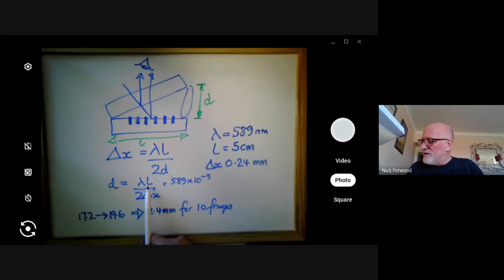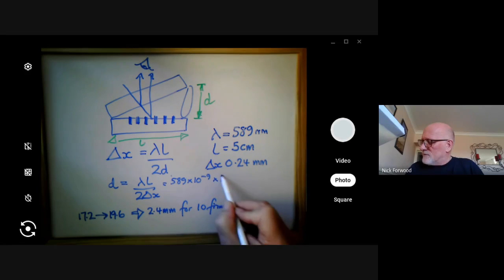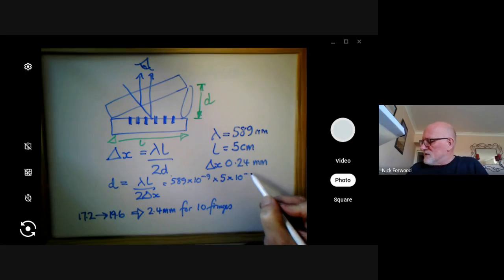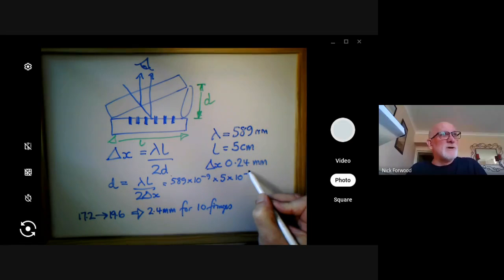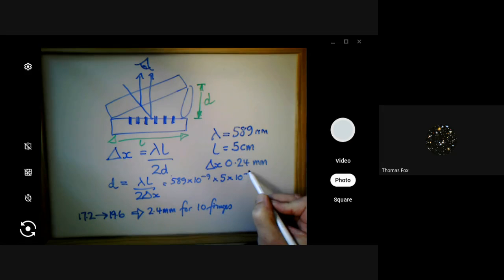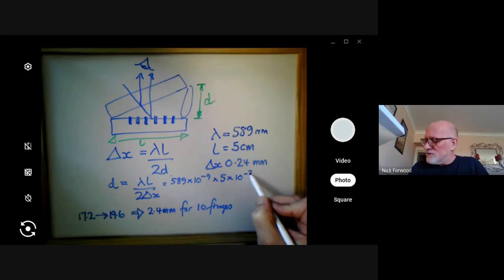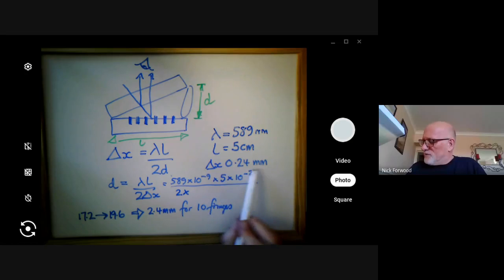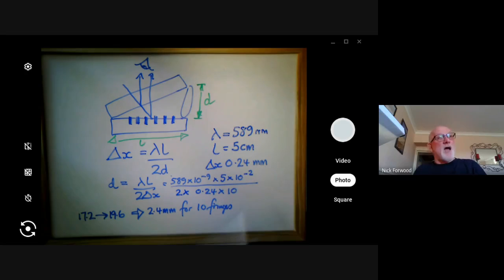Now L is 5 centimeters, so I'm going to put 5 times 10 to the negative, somebody shout it out. 2, thank you very much. Good. On the bottom, we've got another 2, and we've got 0.24 millimeters. 0.24 times 10 to the negative, somebody shout it out.